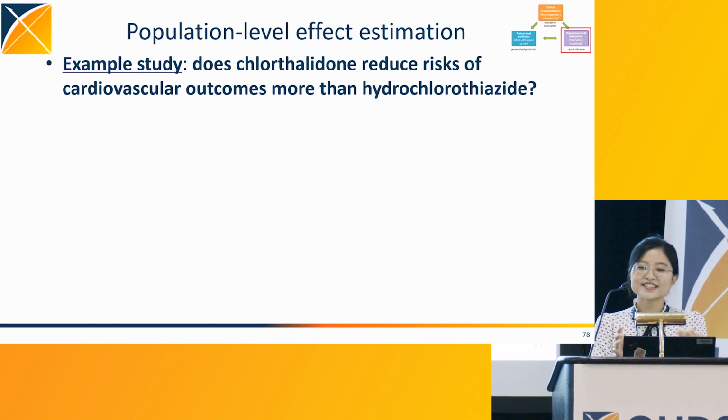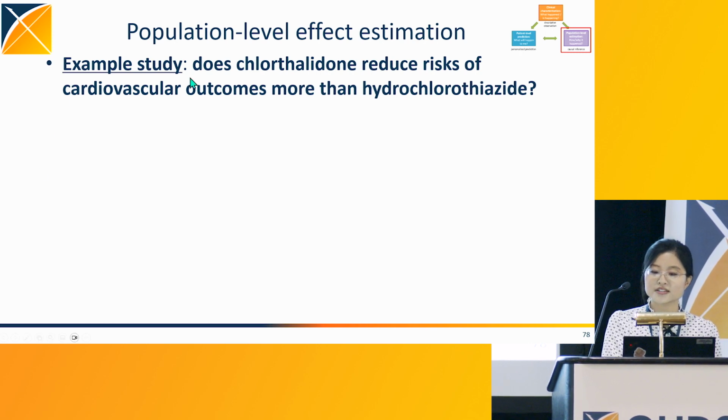So let's touch upon our example study that Erica already introduced. The question here, or one half of the question that we try to answer in the Ripsick et al. 2020 paper, is: does chlorthalidone reduce risks of cardiovascular outcomes more than hydrochlorothiazide?